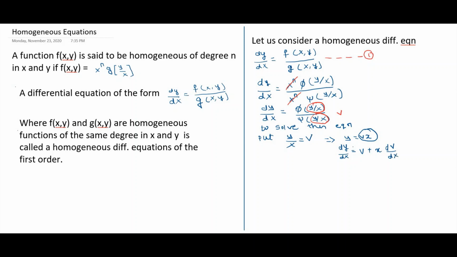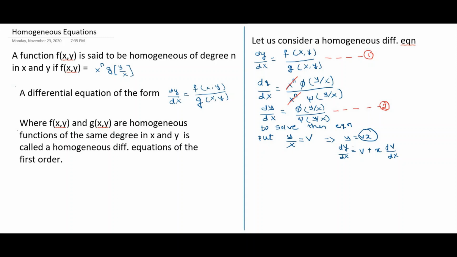Now we have to substitute this value in equation number 2. So let us say this is equation number 2, and here you can substitute the value for dy by dx as well as y by x.